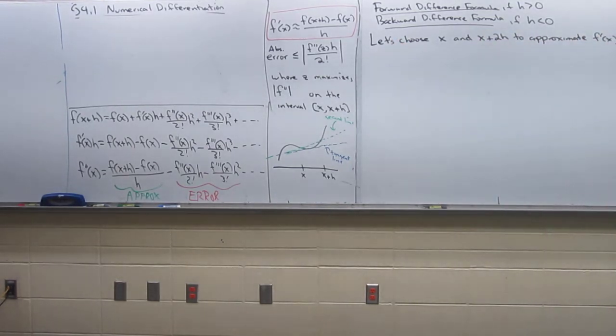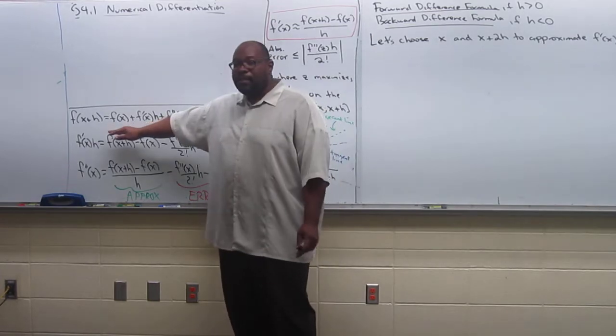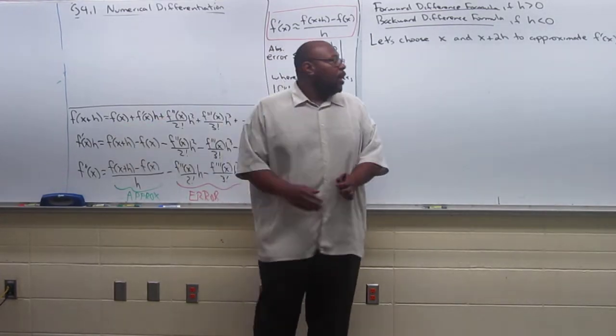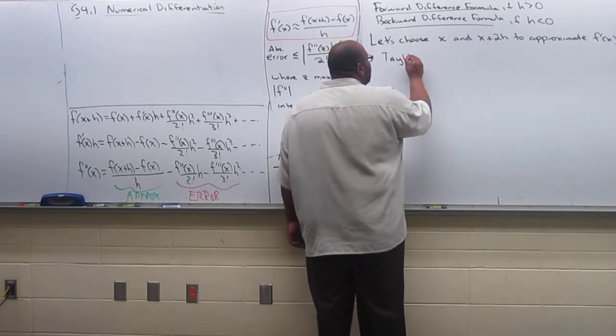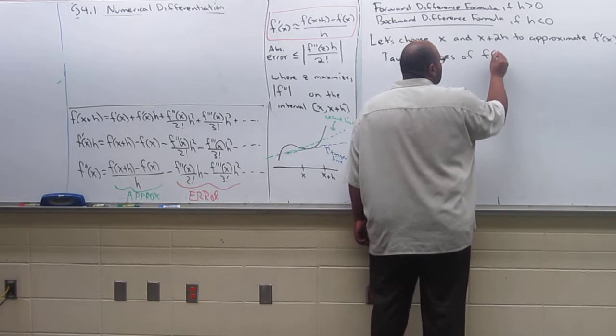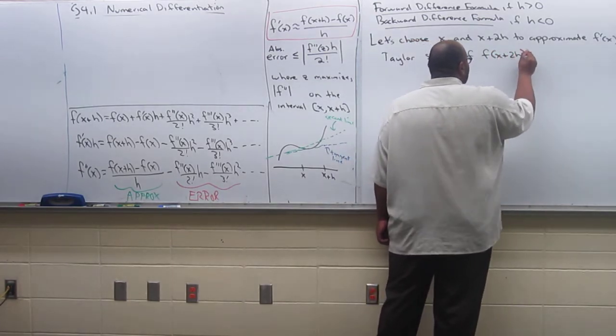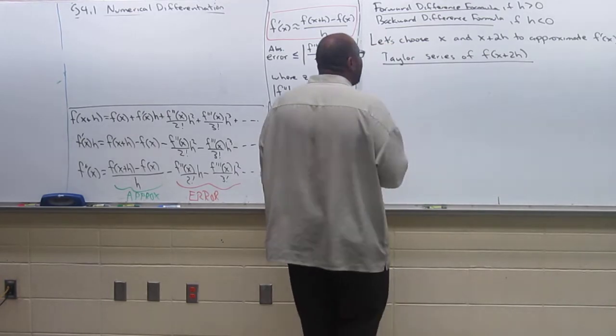To be able to do that, I'm going to do the same thing I did before. Here I used the Taylor series of f of x plus h. Here I'm going to use the Taylor series of f of x plus 2h.